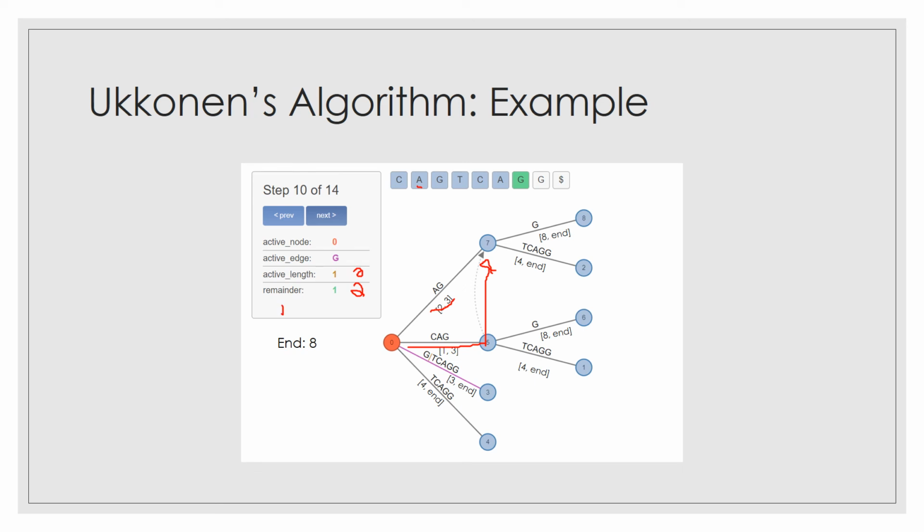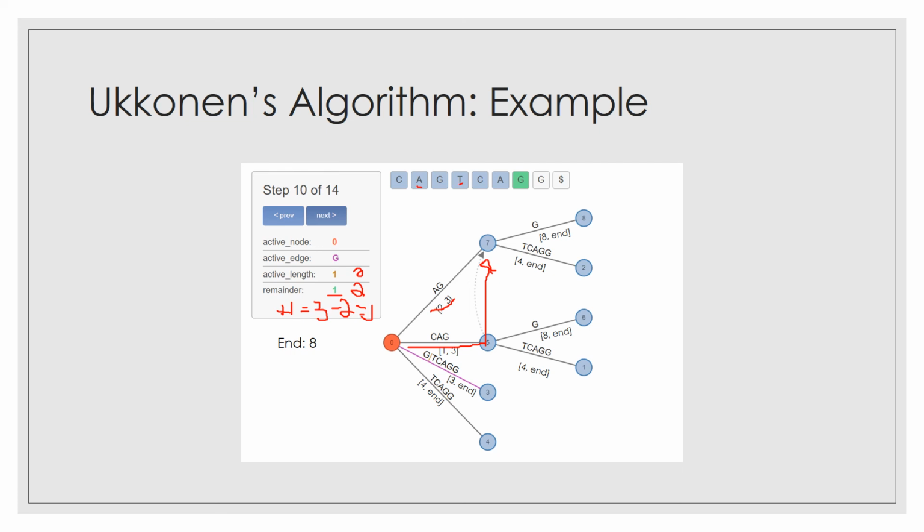Since we had a match, we add +1. That gave us 3. But during the split, because T didn't work, we had to create 2 more leaves, which subtract ends up giving us 1 right here for the remainder.